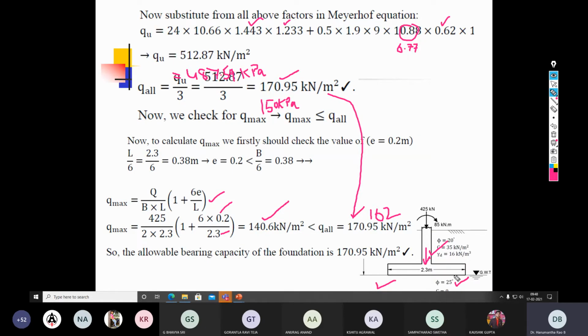This is the first aspect. The second aspect is when you are calculating the Q max, that is the pressure coming from the superstructure, whichever is giving the highest pressure, you consider that for assessing the safety factor. These are the important points from a practical, real life point of view.